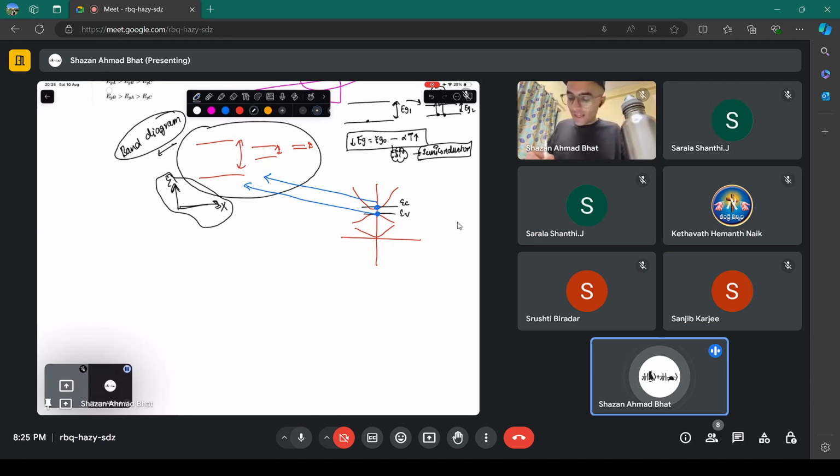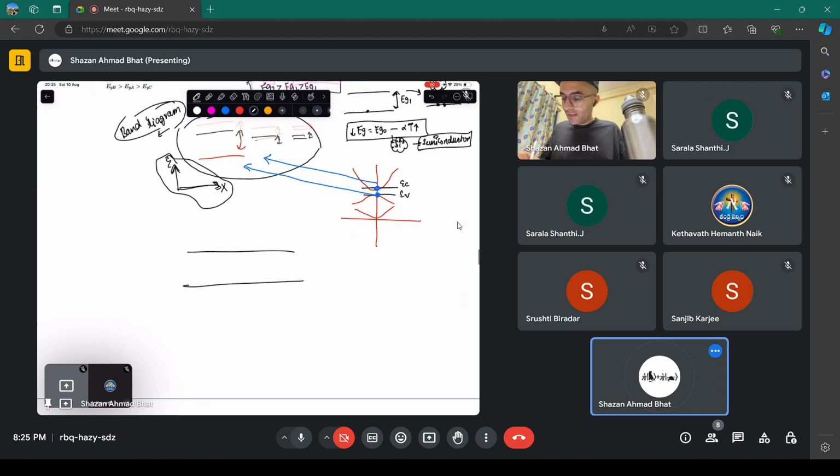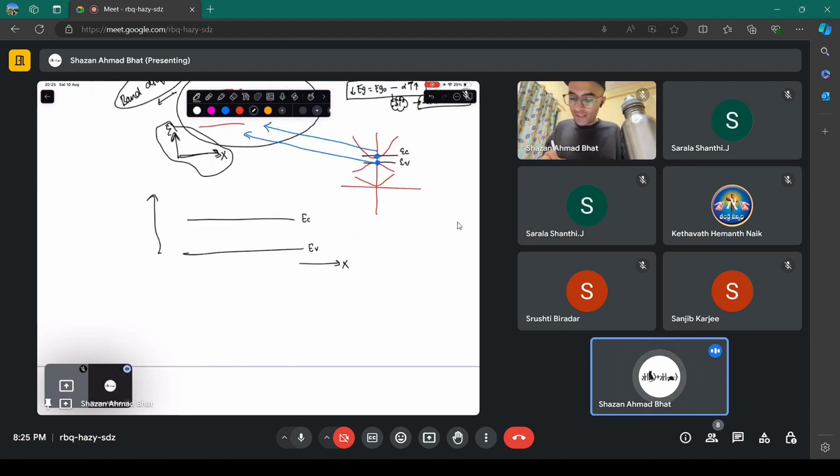That means in the band diagram, you have EC, EV, X here, and E here. But at every location, there are these parabolas, and these parabolas are like this region of the parabola, this region.